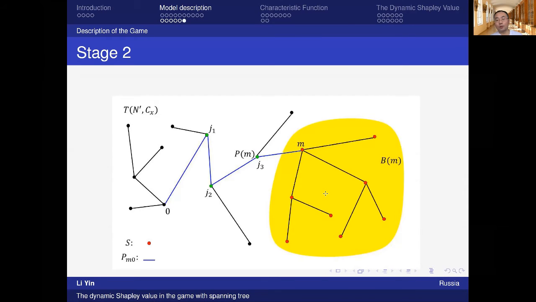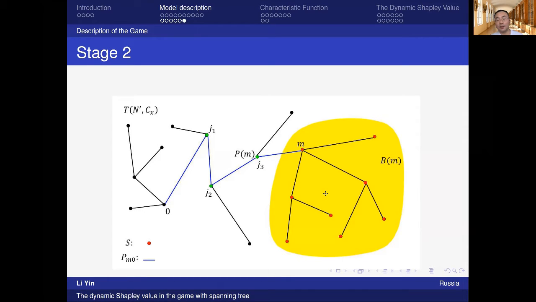For example, like this picture, in this figure, all vertices in yellow are vertices in B_M. In reality, it means if M wanted to connect to the source 0, he has a unique path from M to 0.